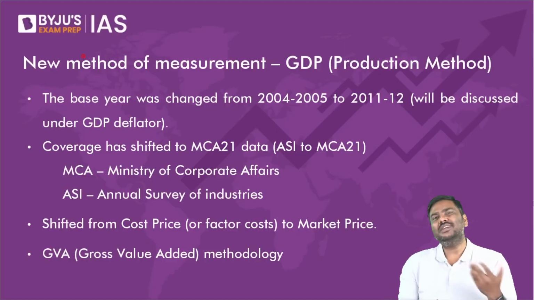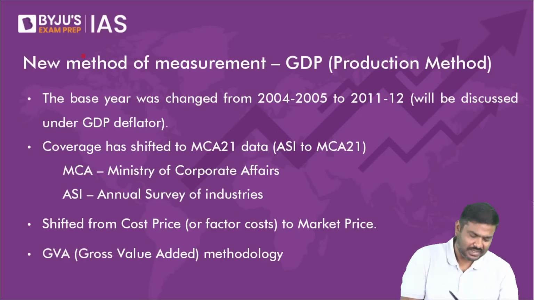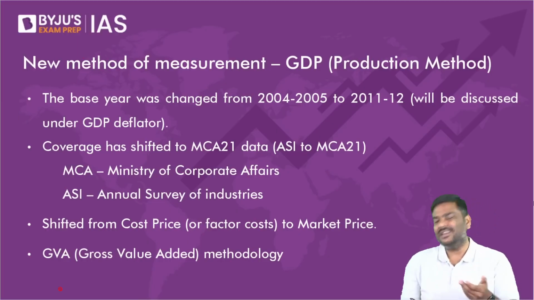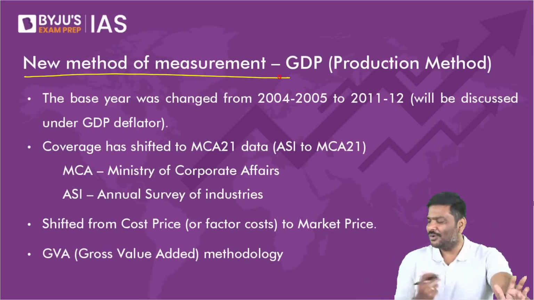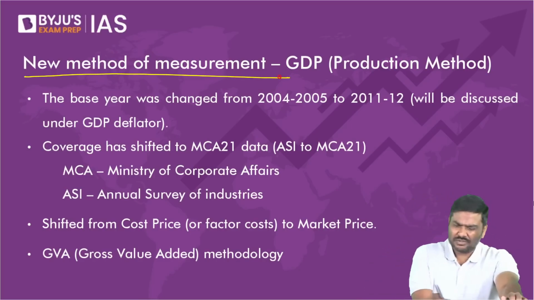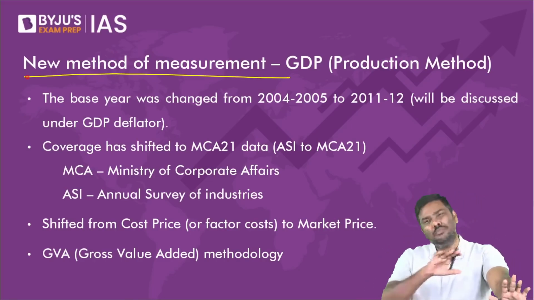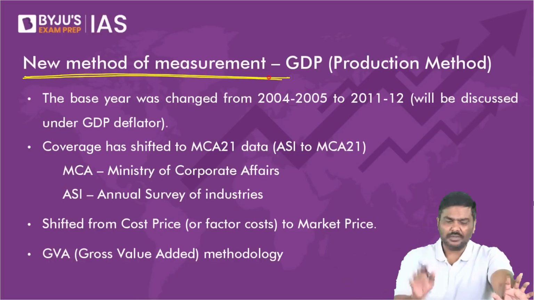Tell me then, what is the difference between production method and income method? You're not revising. Please revise. In income method, we are supposed to take factor incomes. And you're saying raw materials add in factor incomes. How? Don't mix up everything. Don't complicate the issue. Keep it very simple.